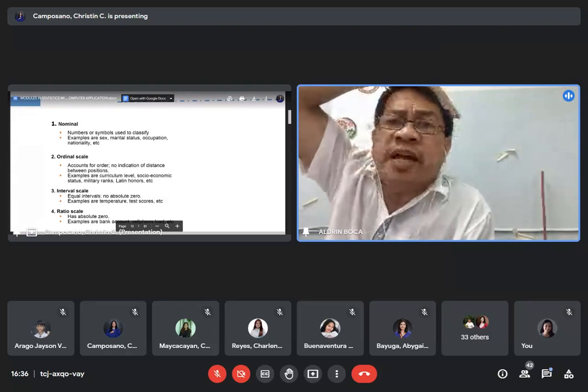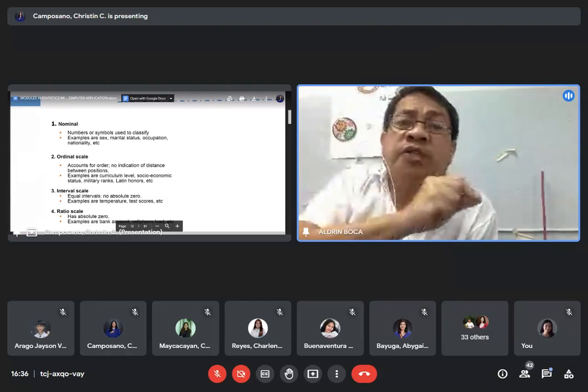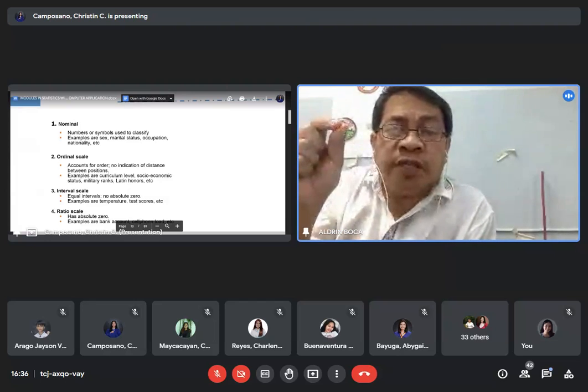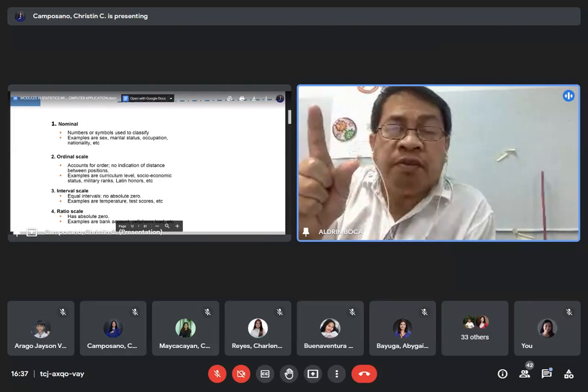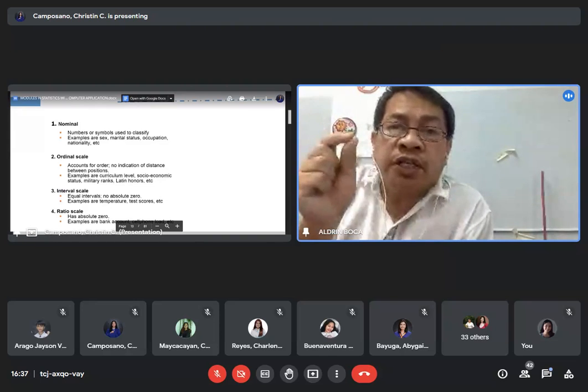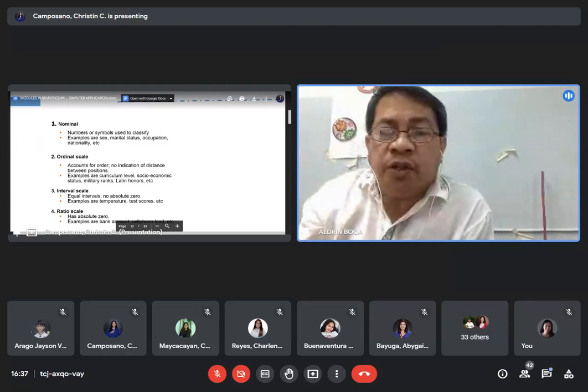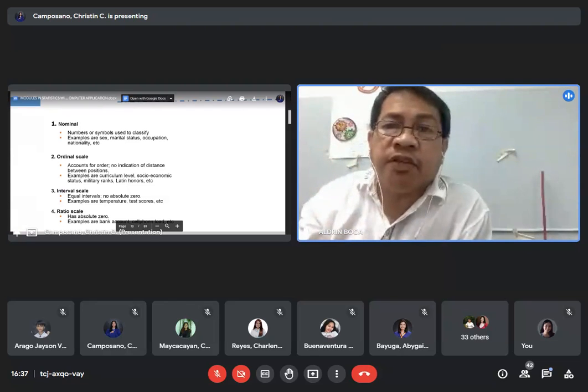Kasi sa military rank, meron kang labeling. So you have the commander-in-chief, that is inherent to the president of the Republic of the Philippines, right? So the commander-in-chief, the general, the major, the colonel or the lieutenant colonel, the captain, etc., down to private. You understand?